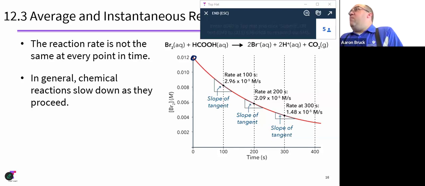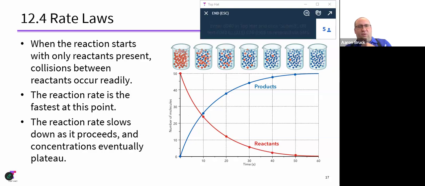And so if we can measure that instantaneous rate, we're going to have a pretty good insight as to when the reaction is going to proceed the most quickly and what kind of information we can actually get from that. And where that's going to lead us is to something called a rate law. And so we're going to spend most of tomorrow talking about rate laws, but I'm going to kind of set the table for that here now.